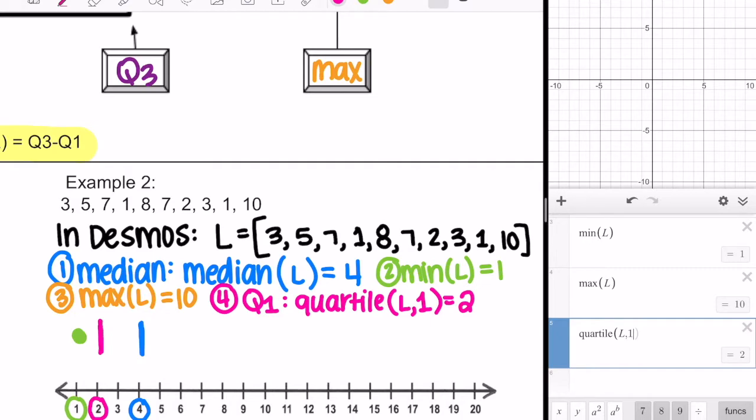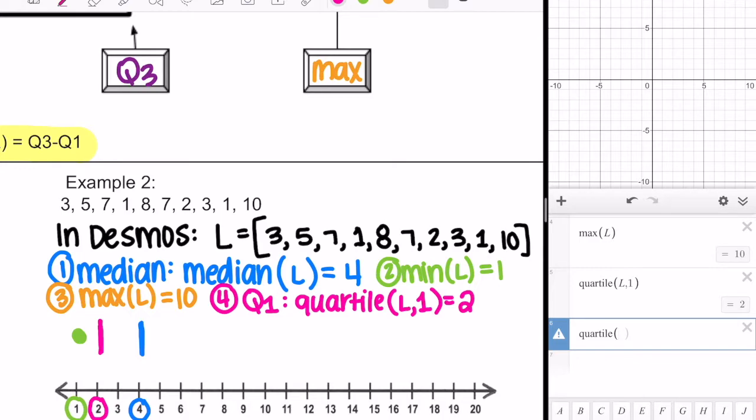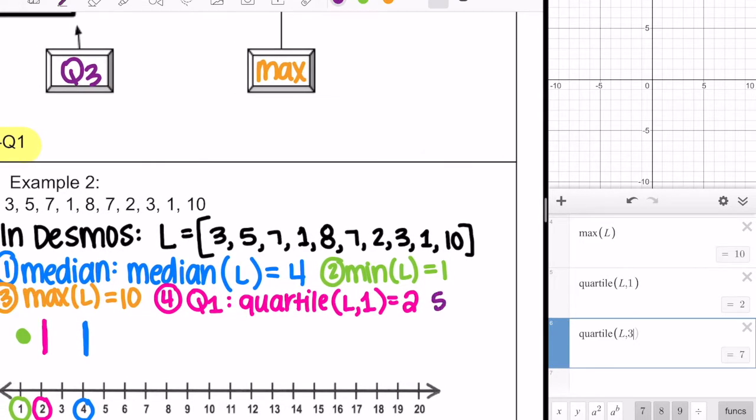All right, then we can do the same thing for Q3. So function stats quartile of our list L, and specify that we want the third one. All right, so Q3 was step 5, and that is 7.